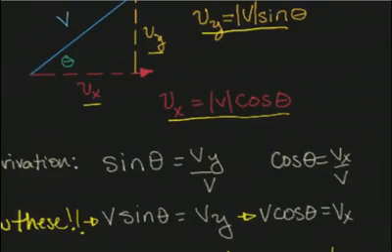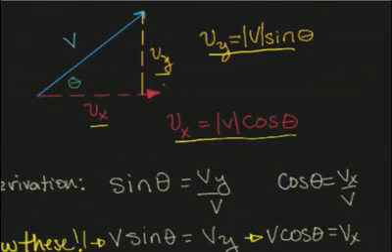So if you look at the sine of this angle, because this is a right triangle, sine is the opposite over the hypotenuse. If you solve for v sub y, that's how I got that. It's pretty straightforward. Then same thing with cosine of theta is the adjacent over the hypotenuse, which is v sub x over v. And then when you multiply both sides by v, you get the x component.